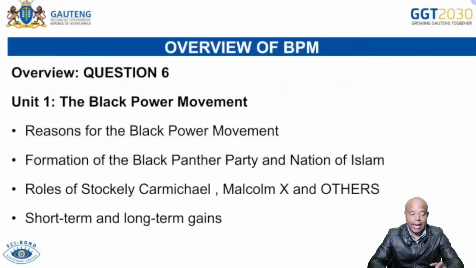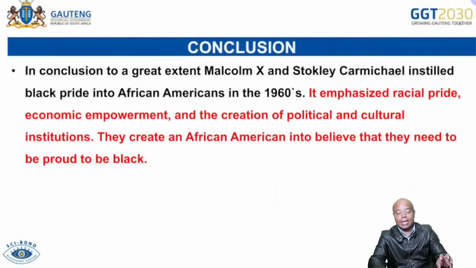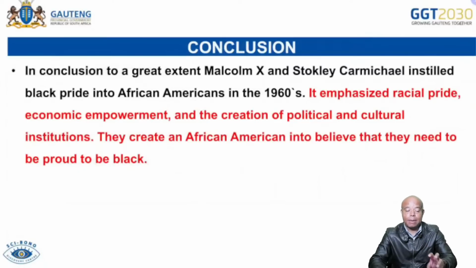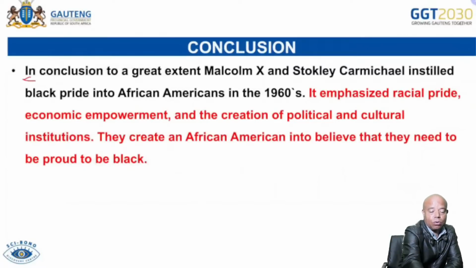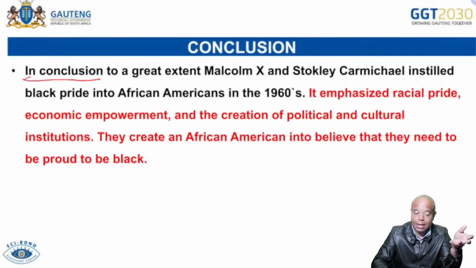Let's go to the conclusion quickly. So the conclusion is as follows. In conclusion, now very important that you pay attention to what I'm about to say. In conclusion, to a great extent, Malcolm X and Stokely Carmichael instilled black pride into African Americans. Basically, we write in conclusion because we are ending off, summing up.